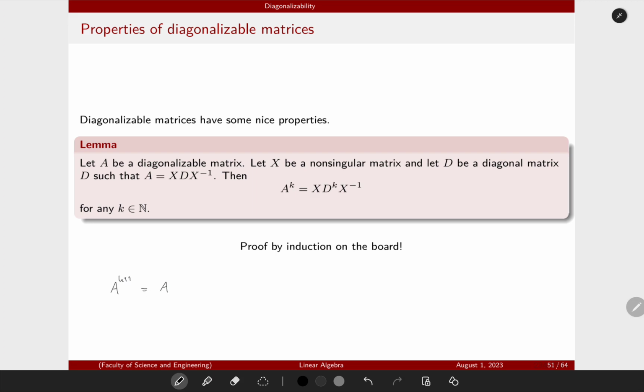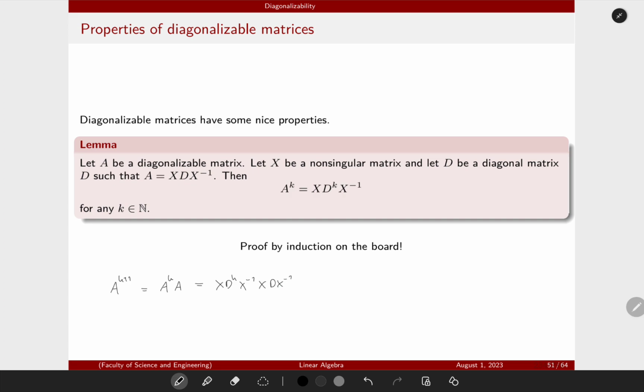We can write this as A to the k times A. Then by our induction hypothesis, A to the k is equal to X D to the k X inverse, and A is diagonalizable, so we can write X D X inverse.